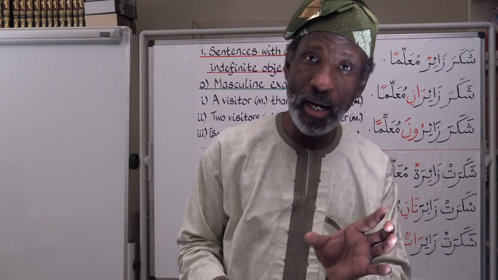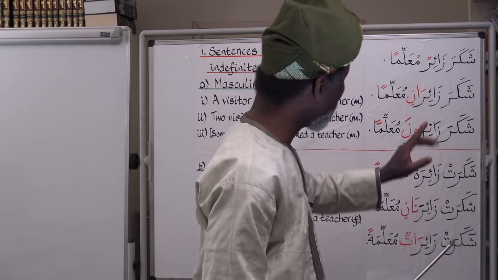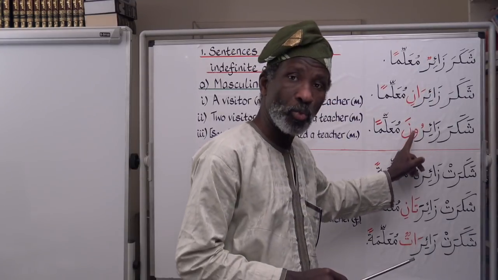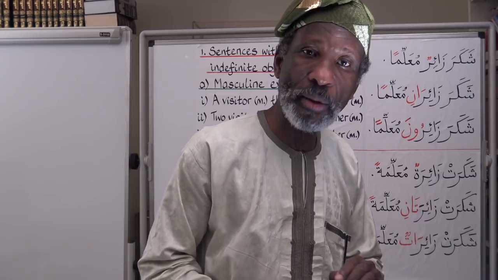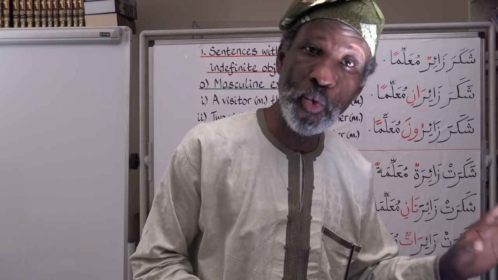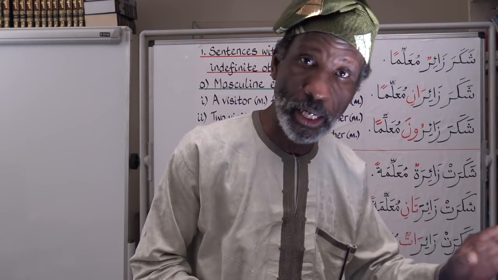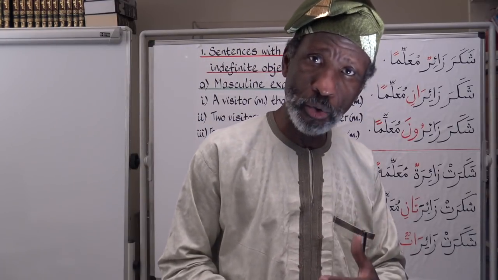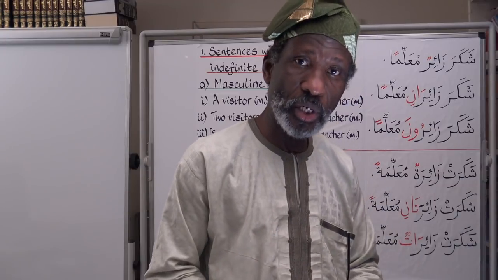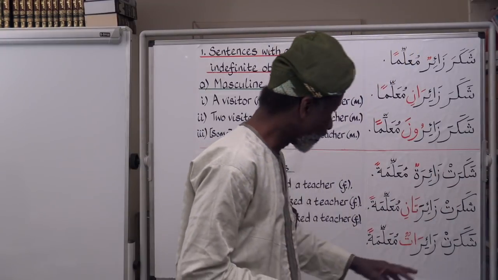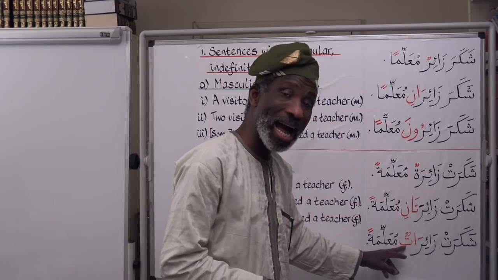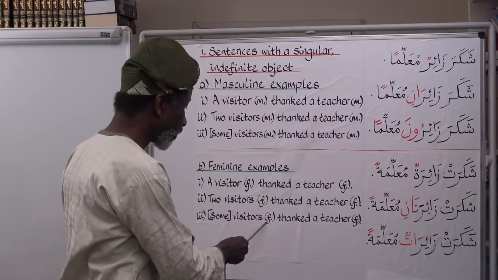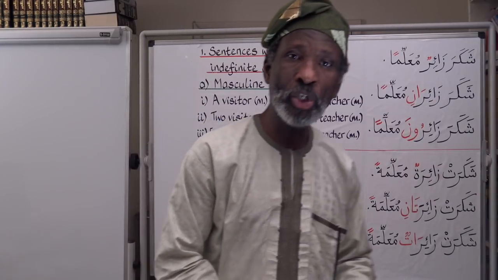We put dhamma on the last root letter of the subject, which in this case is ra, we extend using the waw, and then we put na: Zairuna. That's for masculine. For feminine, if you check your notes from the previous lesson, you see that we need to put a tanween dhamma at the end. So Shakarat Zairatun Muallimatan. Visitors, feminine, thanked a teacher.